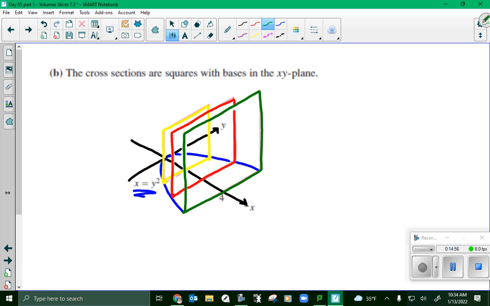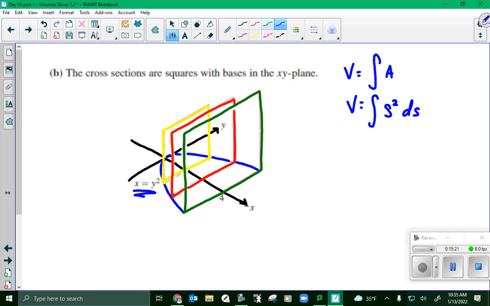If I need the volume of this, volume is the integration of area, and the area is side squared times dx, the dummy variable, and I need bounds. But here's the kick: what is the value of that side?